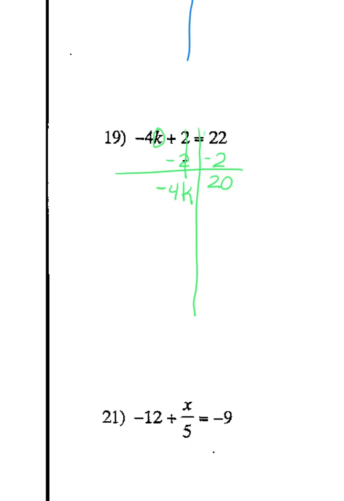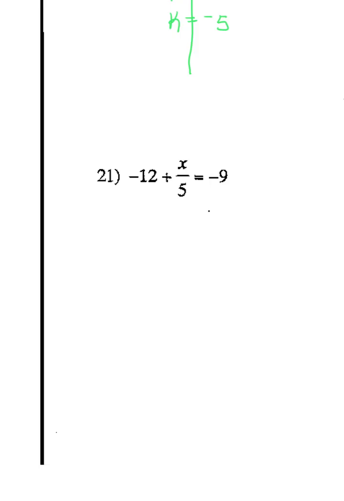That means negative 4 times K. So I'm going to divide by negative 4. Negative 4s are gone. All I have left is K. And 20 divided by negative 4 is negative 5. Make sure you're using the calculator and use the positives and negatives.